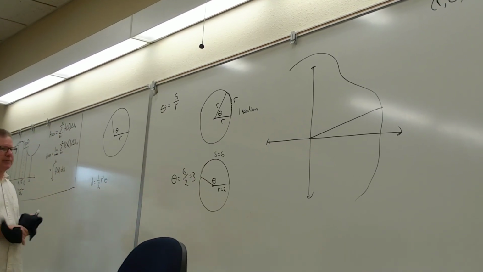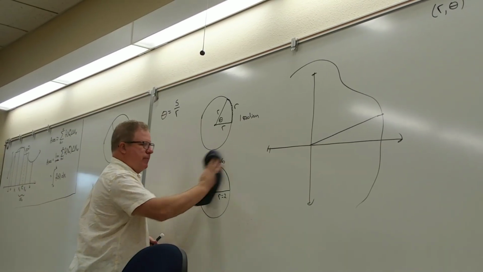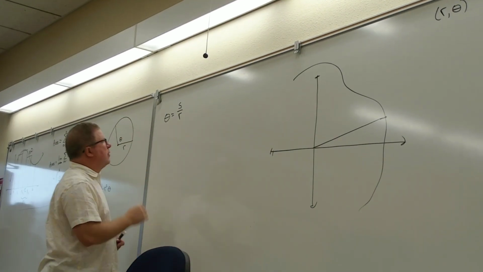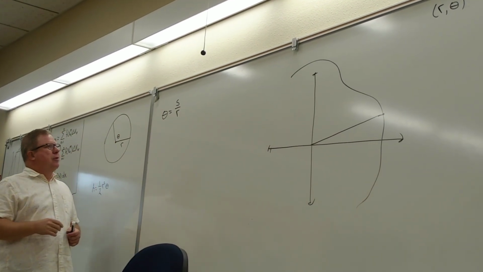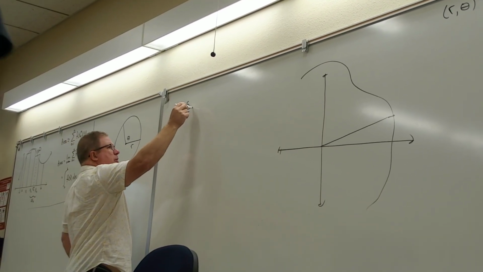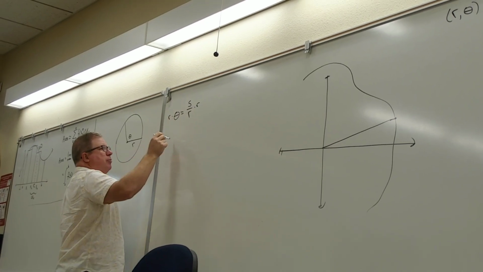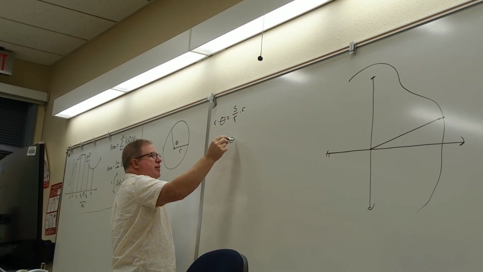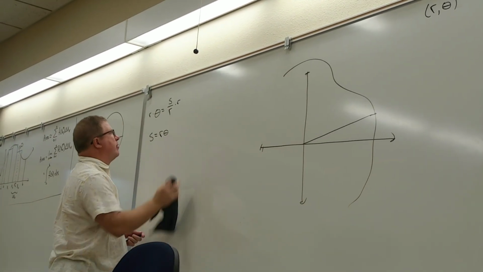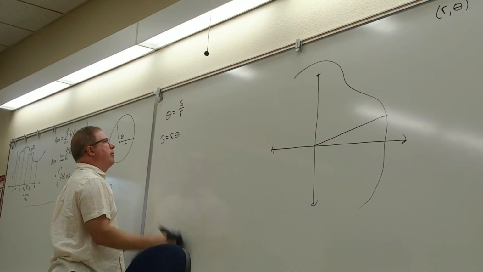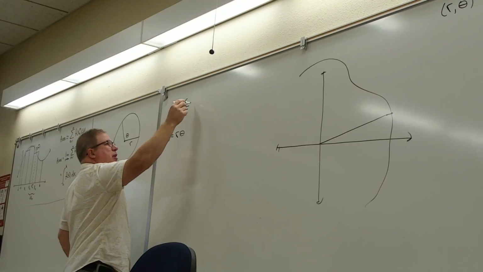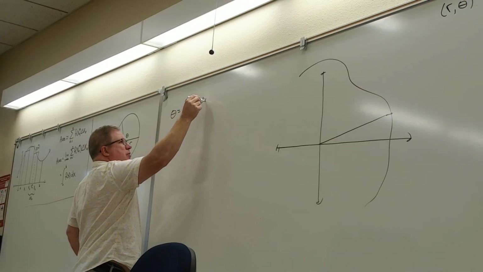Now, if we multiply each side by R, we get S equals R theta. So actually, let me erase those R's up there. I'll keep that here. So this here is a radian definition.